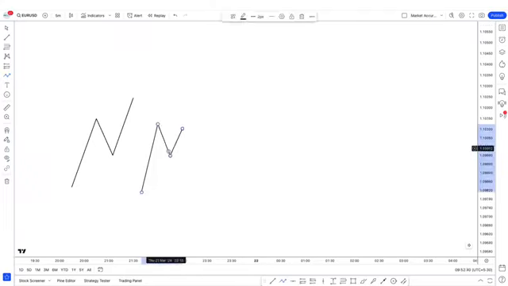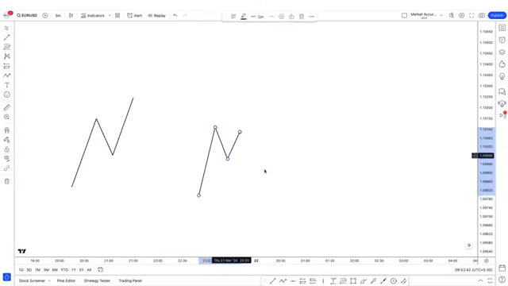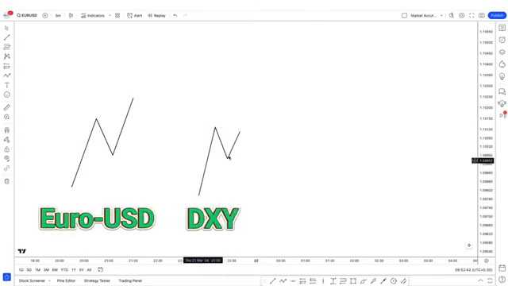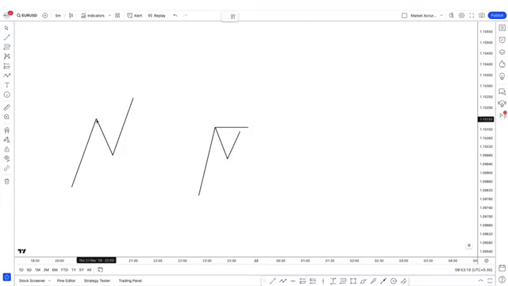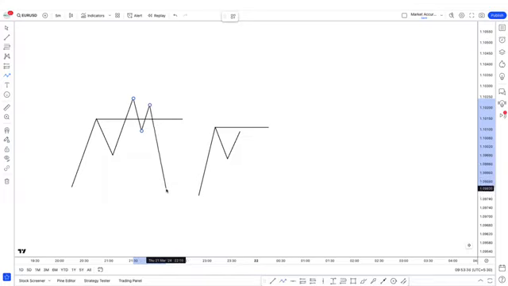So when you have your EUR/USD making a higher high and the dollar index fails to create a higher high, and you also have an ABC formation on your EUR/USD, you can wait for market structure shift, and you take your entry and boom, you can target this level or the level down here. Okay. So it's really that simple.